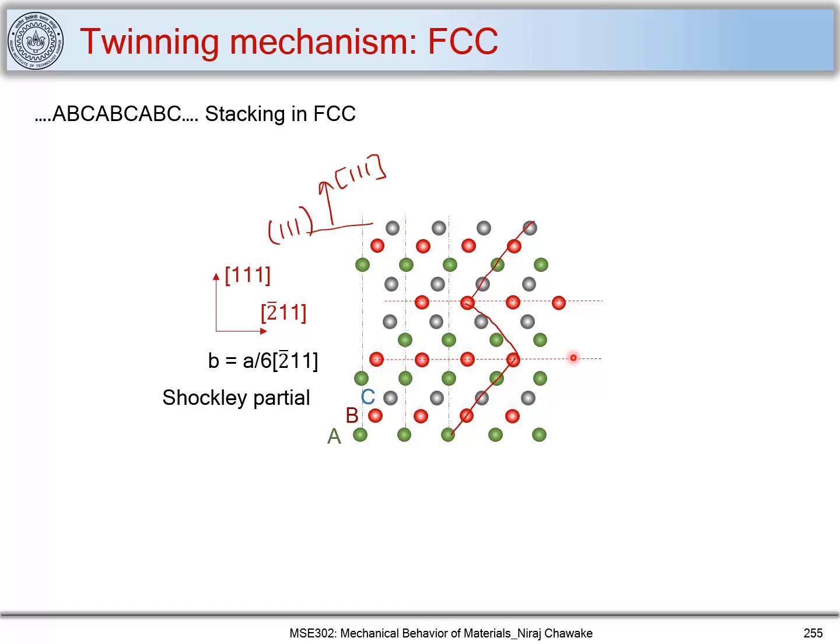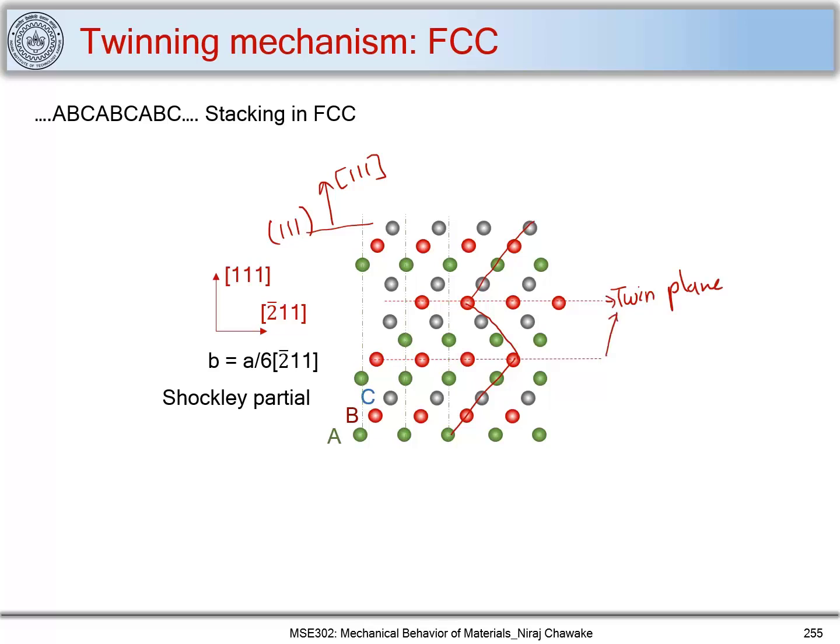Let's consider this plane and this boundary, these atoms over here. It is exactly a mirror image of this. Similarly, if you consider this boundary, this point is exactly a mirror image. So these planes are twin planes. Let us mark that also. These two planes will be twin planes.